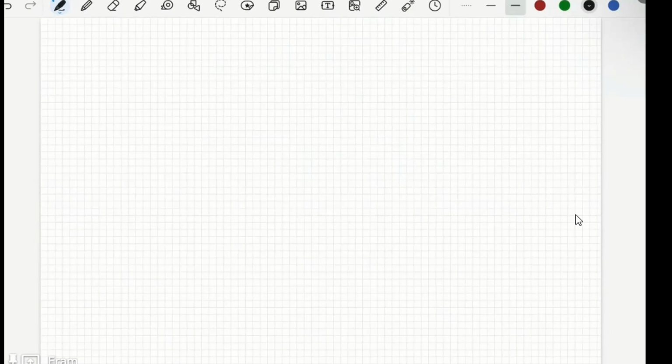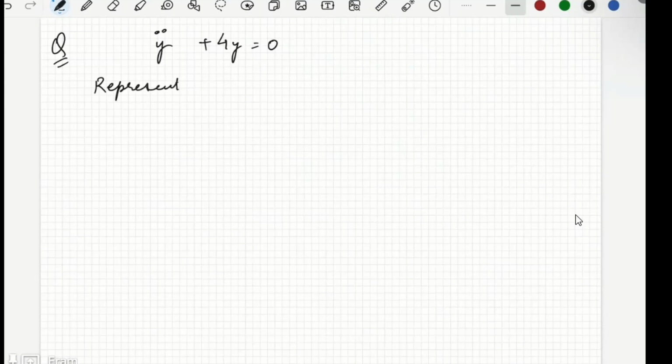Okay, so we have a simple question where we have y double dot plus 4y equals to 0. We have to represent it using a set of first order differential equations.